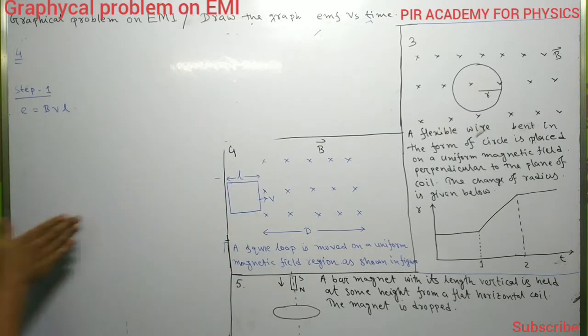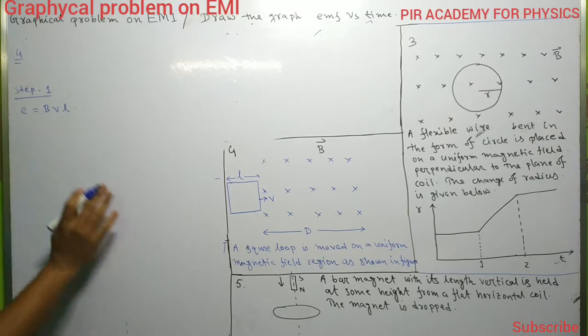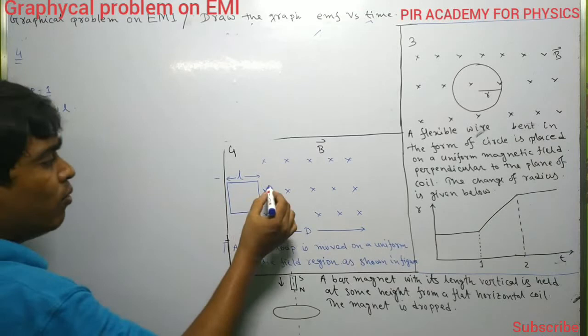This loop enters the magnetic field in a perpendicular direction, so the induced EMF is BVL.